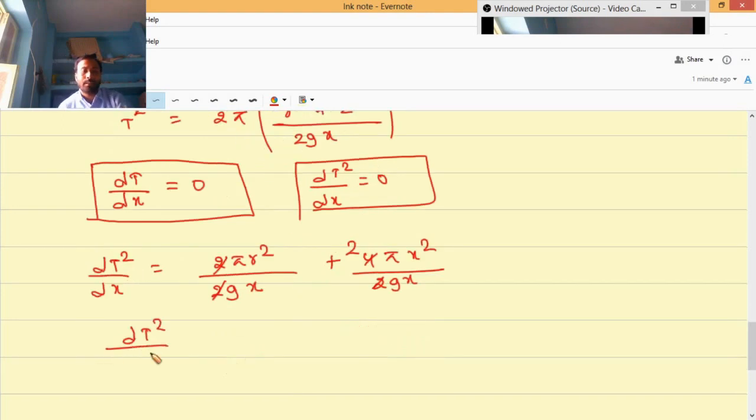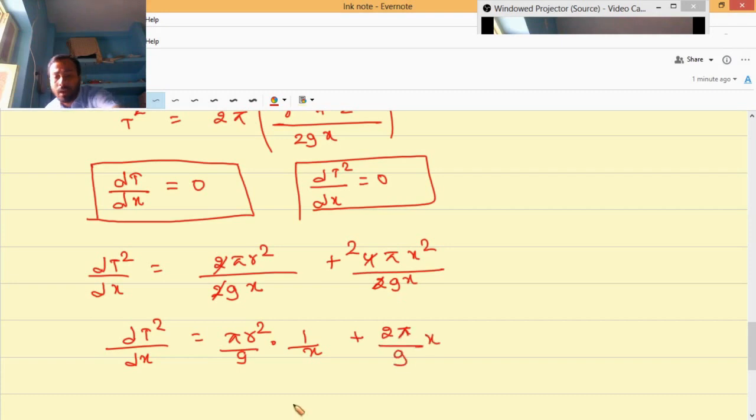So this can be written as pi r square by g into 1 upon x, plus 2 pi x by g.